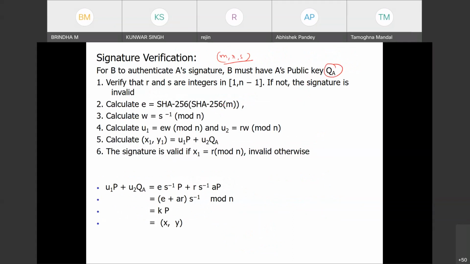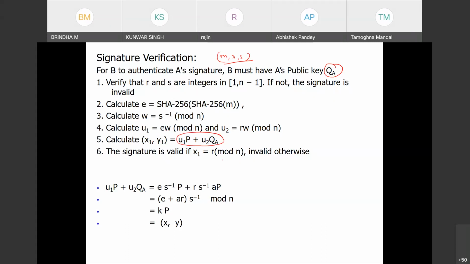It will compute E the way they have done previously, W as S inverse, and then U1 as E W, U2 as R W, and it will compute X1, Y1. This is claiming that U1 P plus U2 QA will be X1, Y1.